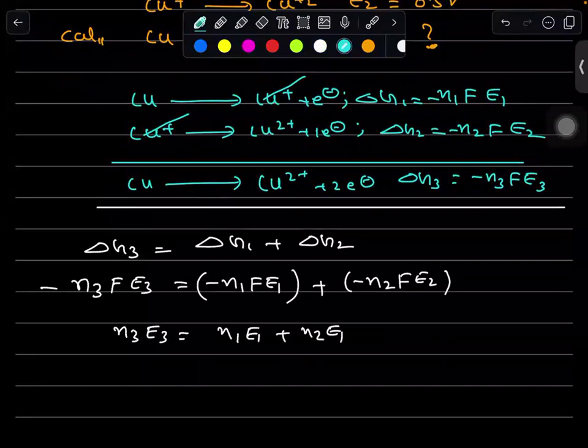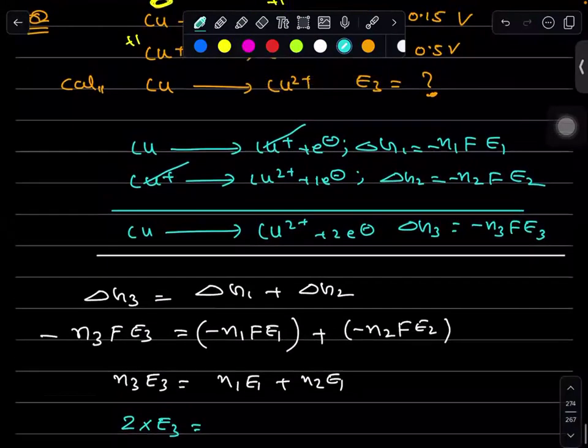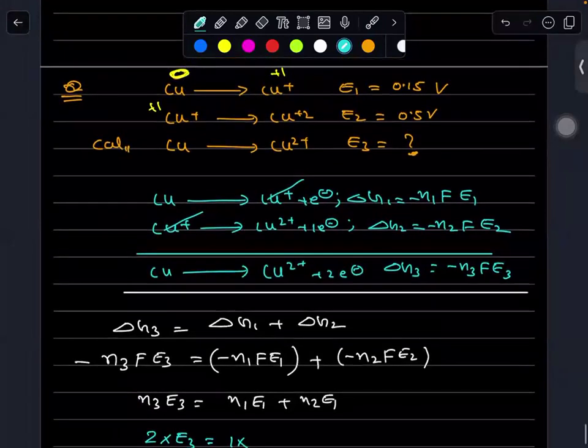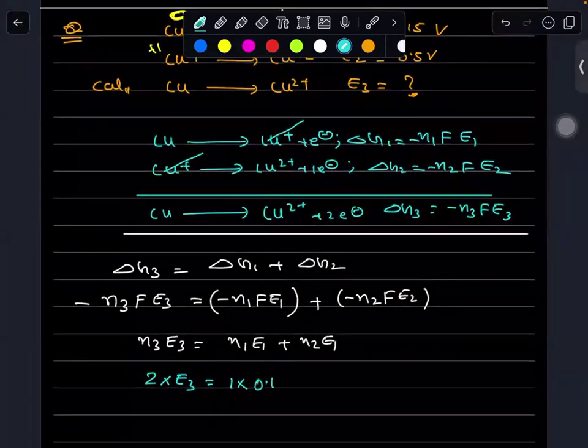2, sir. And E3 is your target to find. N1, the number of electrons involved in the first equation, is 1. What is the E1 value I have given? 0.15, plus N2, the number of electrons involved in the second equation, also 1.